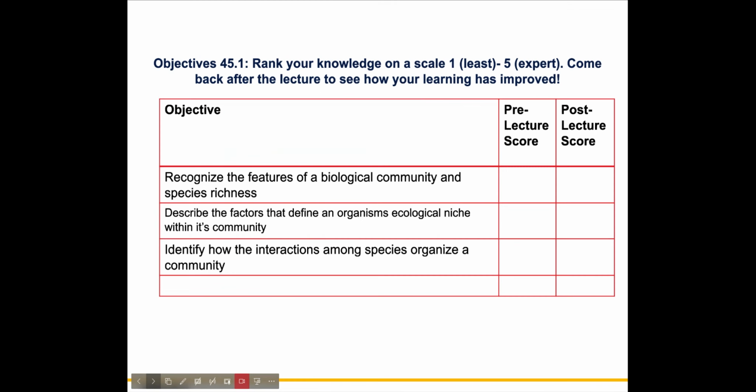So the first thing is, as always, to rank what you know from our objectives right now, and then come back to this a little bit later after we've gone through this section, and then you should see an improvement within your knowledge. And if there's not, you know that that is a section that you're going to want to study and use this as a tool to help direct that for you.